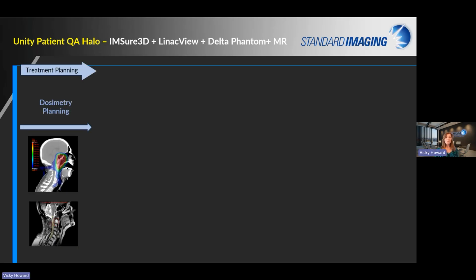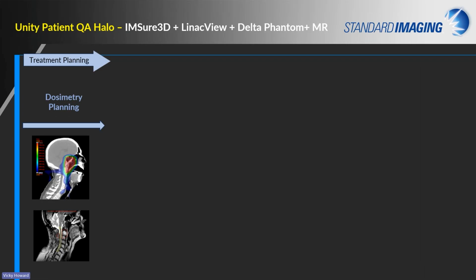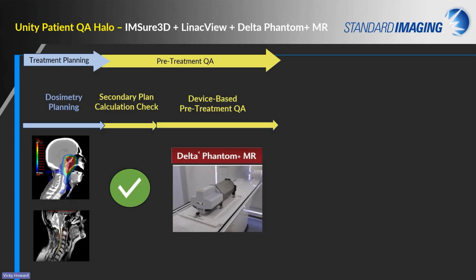So I'm just going to go over the general workflow for a Unity patient. Of course, as with all plans, a patient starts with their treatment planning. So they get a CT, MR, and they do dosimetry planning based on that. Once the plan is approved by the physician, it starts through the pre-treatment QA process. Now, for an online adaptive workflow, this is the process before fraction 1.